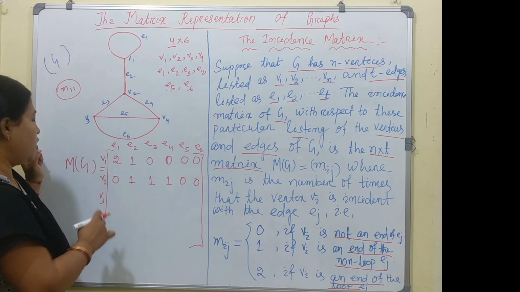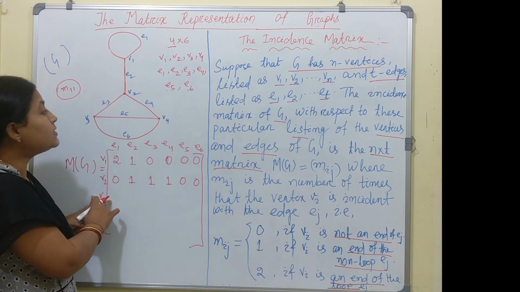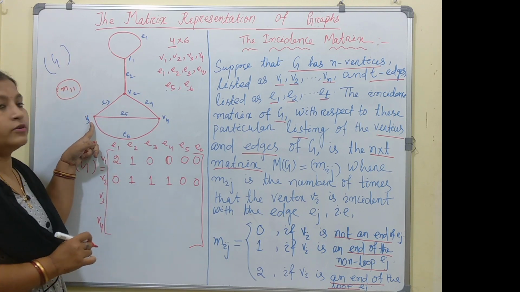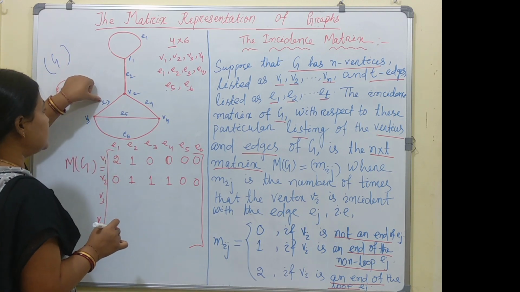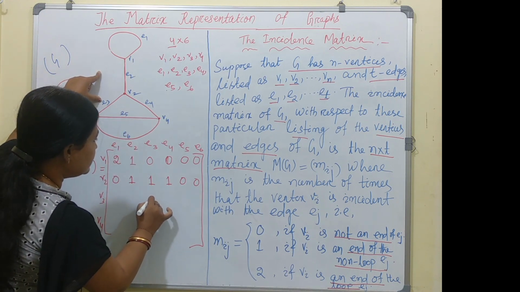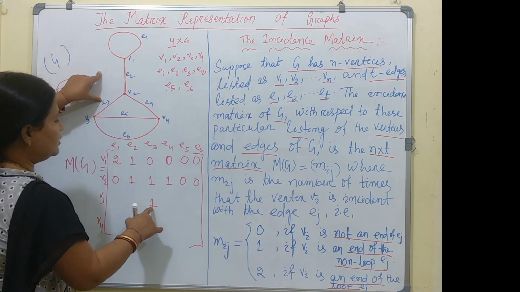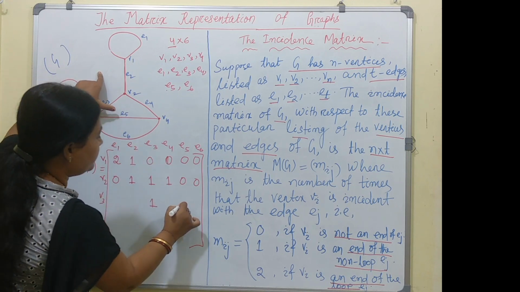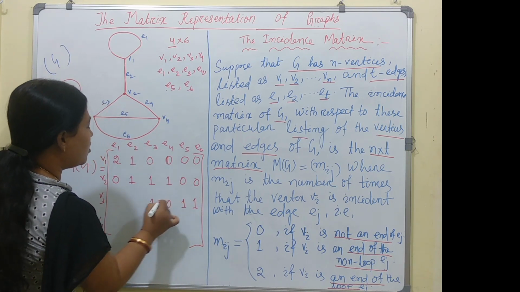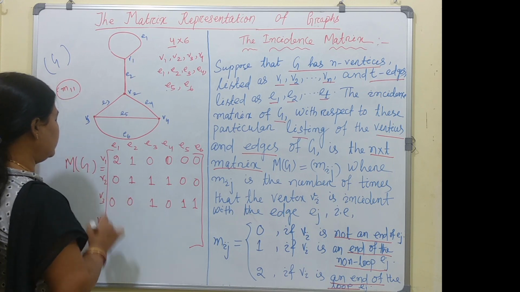Next come to the vertex V3. There are three edges incident with V3, that is E3, E5, E6. So E3 is 1, E5 is 1, E6 is 1. All other elements are 0.